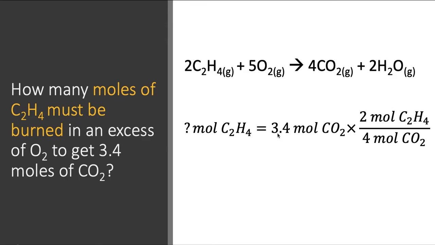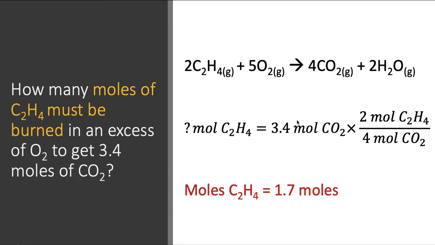I can do the math very easily. 3.4 moles of CO2 multiplied by 2 moles of C2H4 divided by 4 moles of carbon dioxide gives me 1.7 moles. Now stop and ask yourself, does this answer make sense? Well, yes, it does, because for every 2 moles of ethane, I would get 4 moles of CO2.